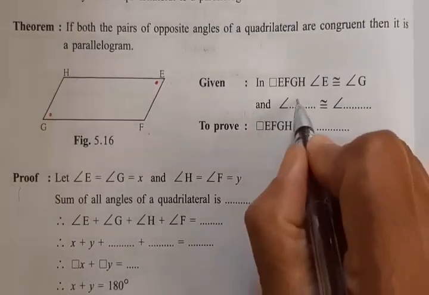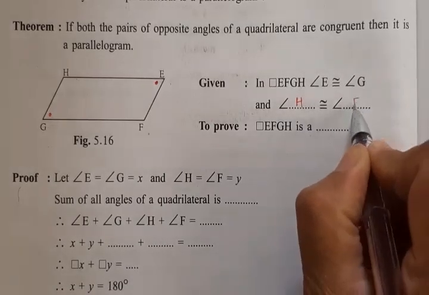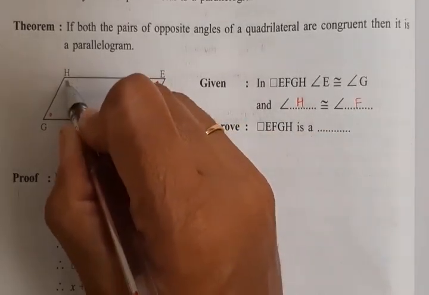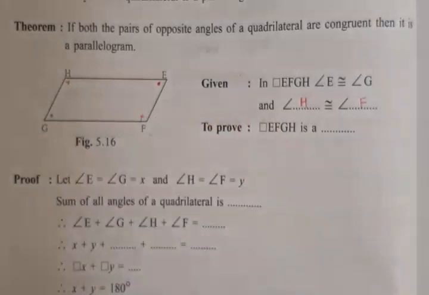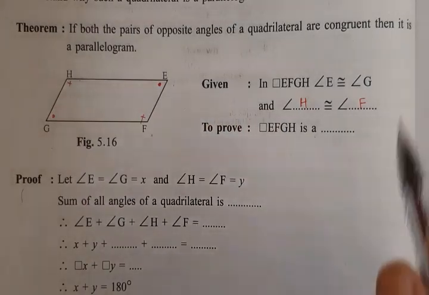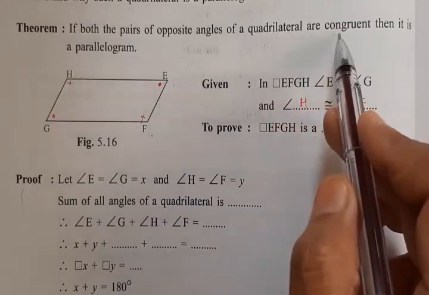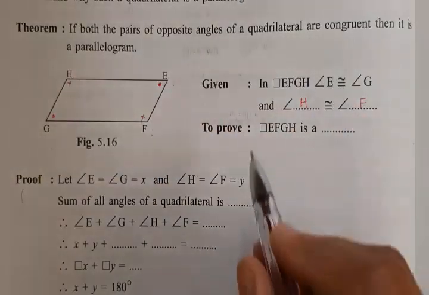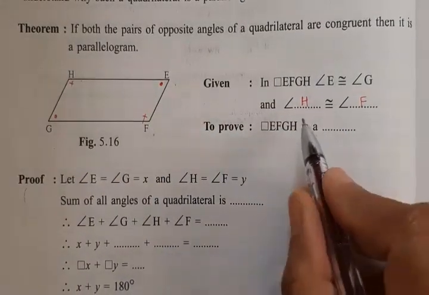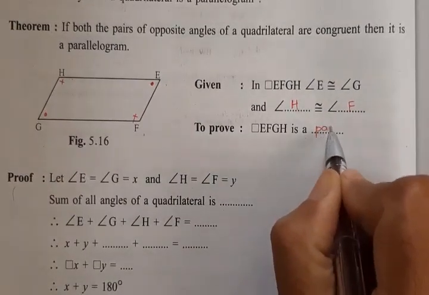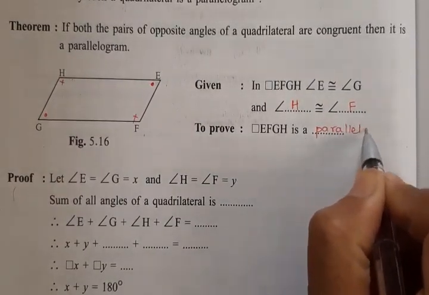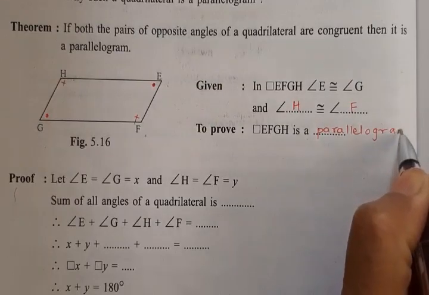Similarly, angle H congruent to angle F. This is another pair of opposite angles. Now what we have to prove is that quadrilateral EFGH is a parallelogram.